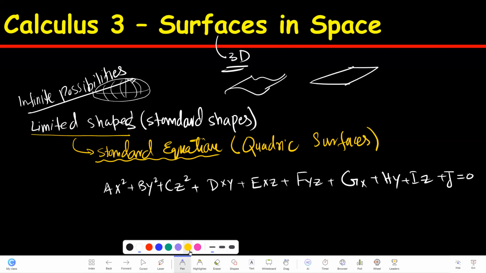So really, these are only constants here. It's a pretty big equation to remember, right? We don't want to remember that equation, by the way.